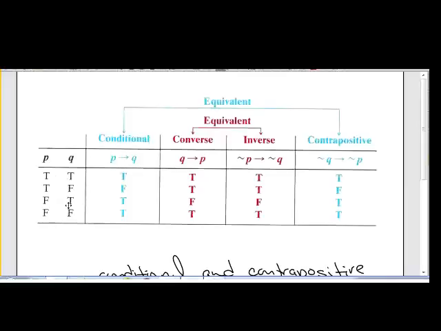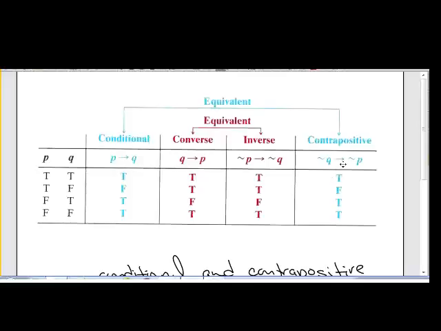This is the first two columns, which are all the truth values. And here are the four different choices, starting with the standard conditional, which is only false if the first one's true and the second one's false. If you do the truth table for this, you'll get true, true, false, false, which is not exactly the same. You have the inverse, if not P, then not Q. You get true, true, false, true, which is not the same as the conditional, but it is the same as the converse.